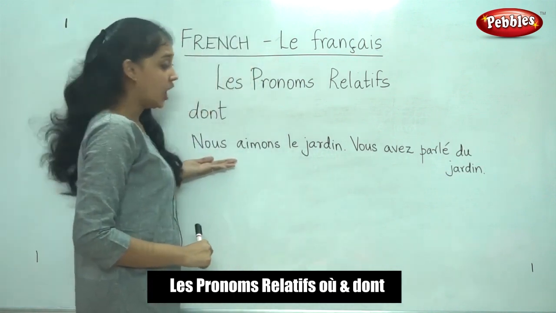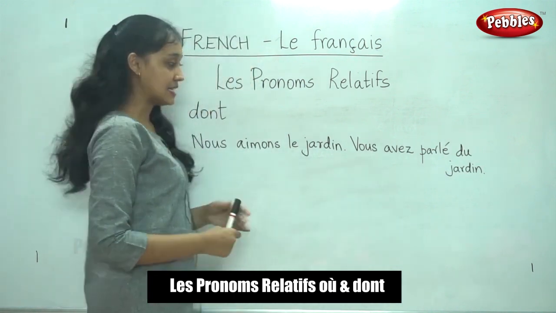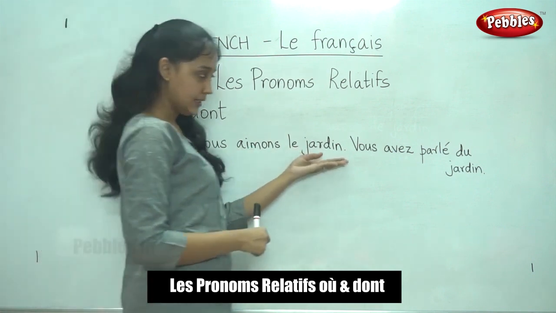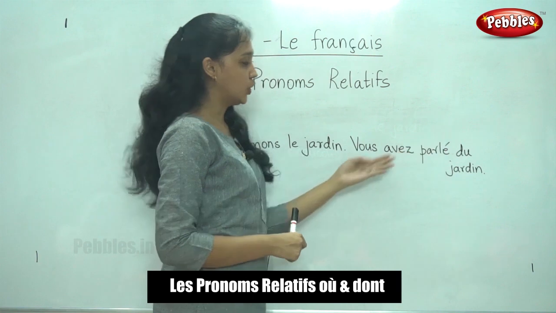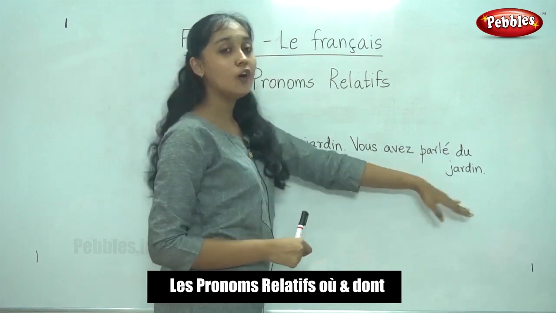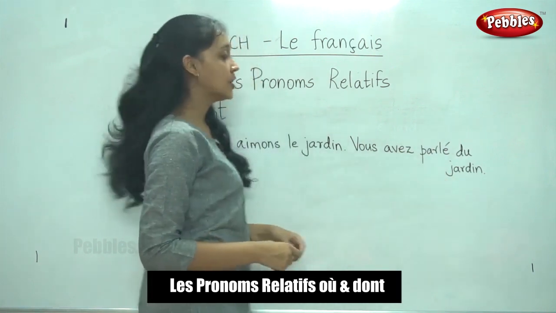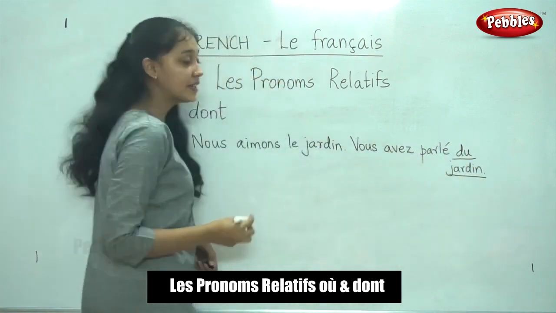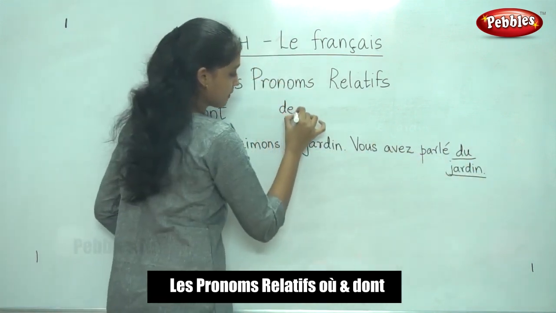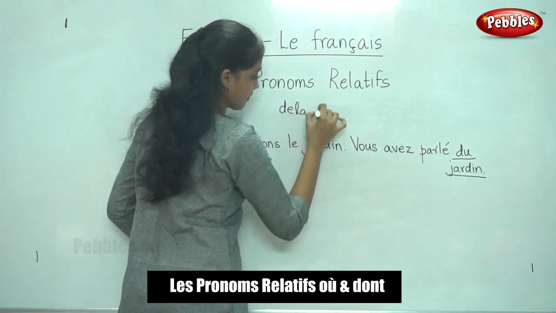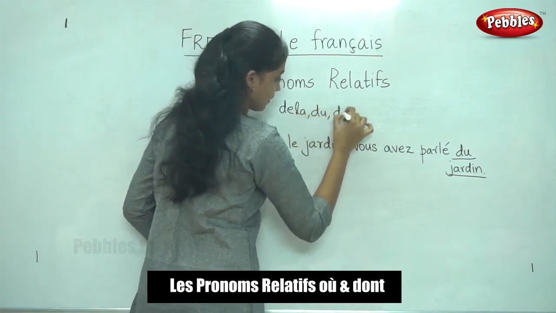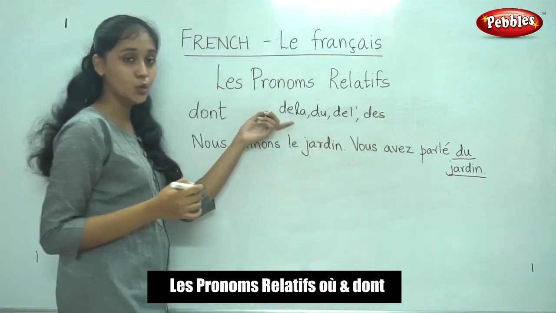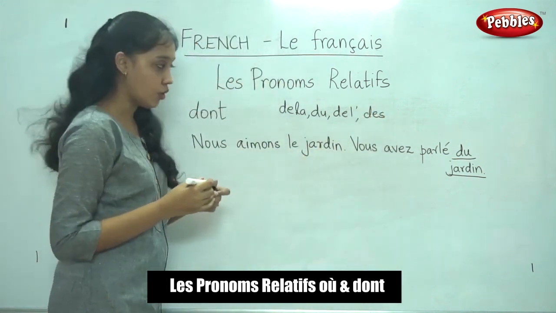Now, when you join these two sentences, how will you say? We love the garden about which you have spoken or of which you have spoken. So, when you see the partitive article, that is a clue that you need to use dont.